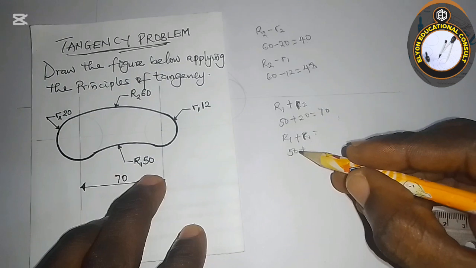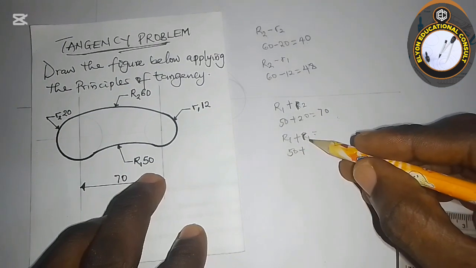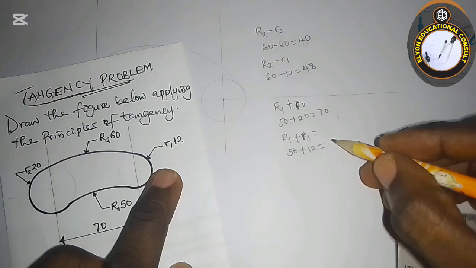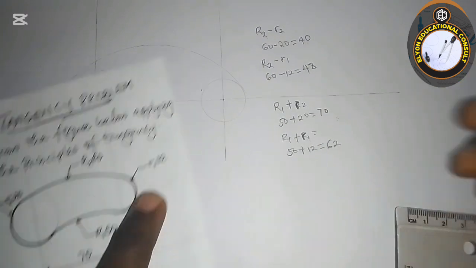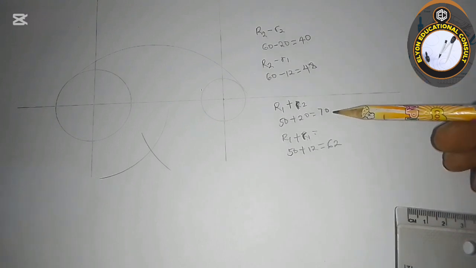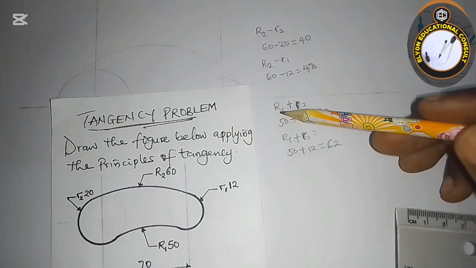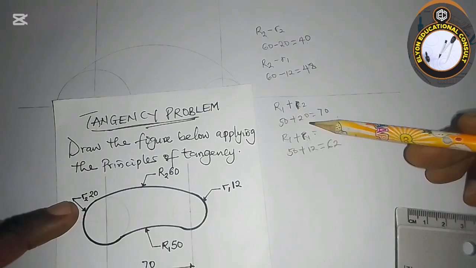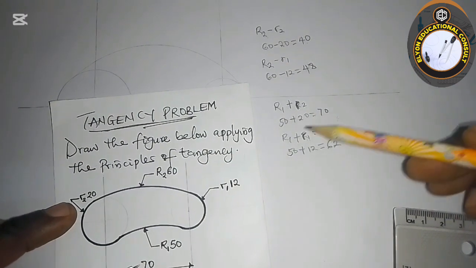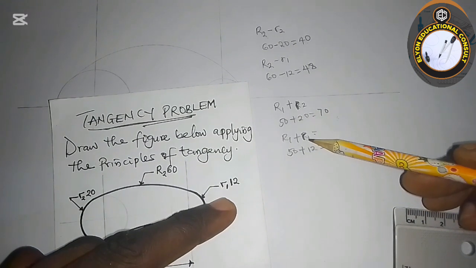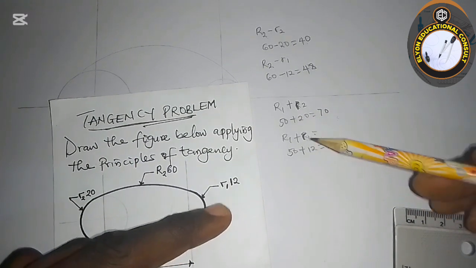This 50 plus r1, which is 12, will give us 62. So we're going to be using this 62 now. I hope this calculation is clear. So we have R1 plus this R2, which will give us 70. Then R1, which is 50, plus the small r1 here, which will give us 62.